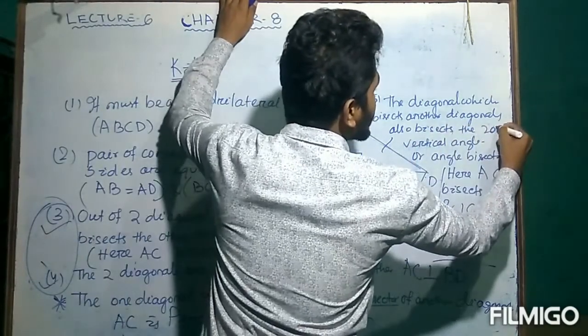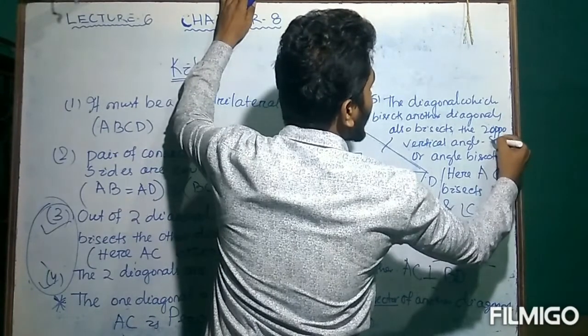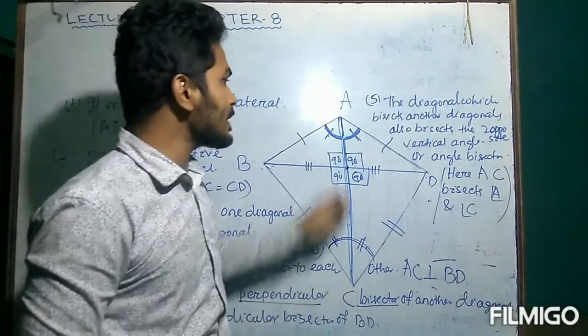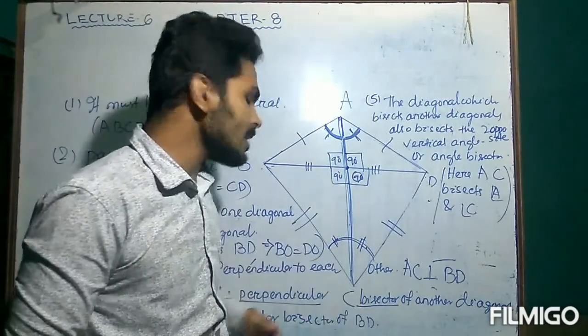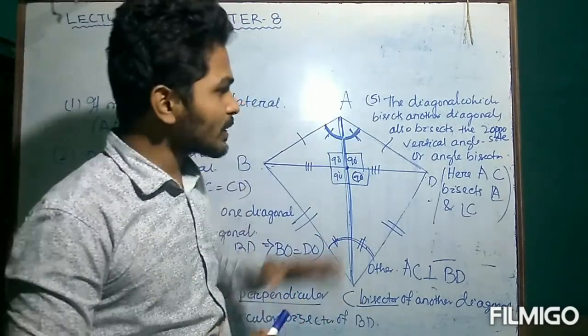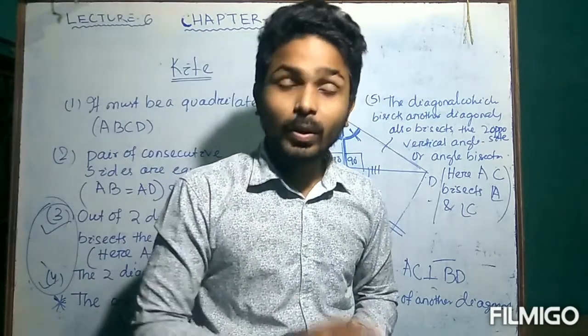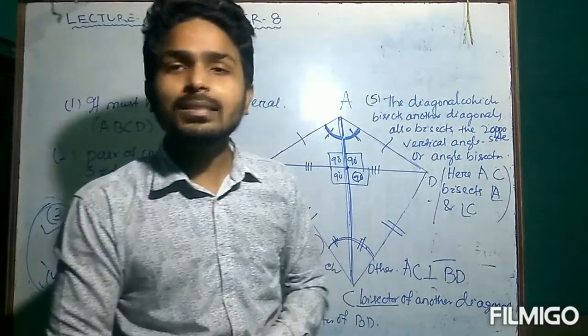Here you can write opposite. Opposite vertical angles. That means AC is the angle bisector of angle A and angle C. Understood? So these are the properties of a kite. And in the next class, we will discuss another type of quadrilateral which is known as rectangle.